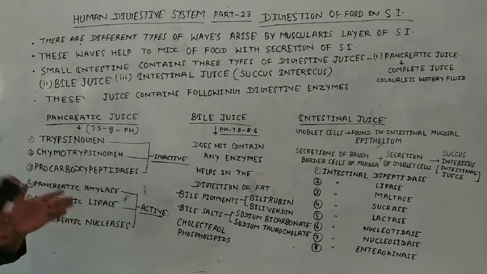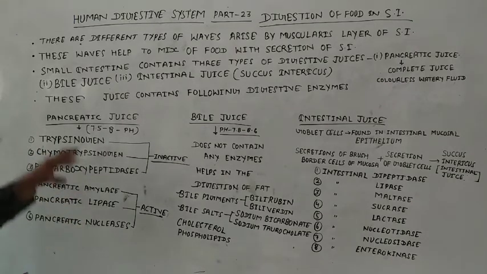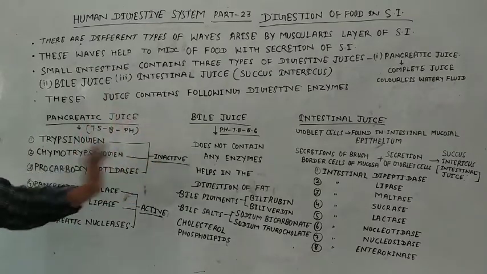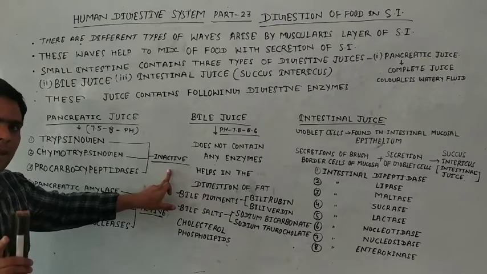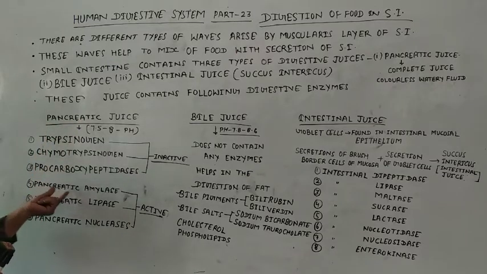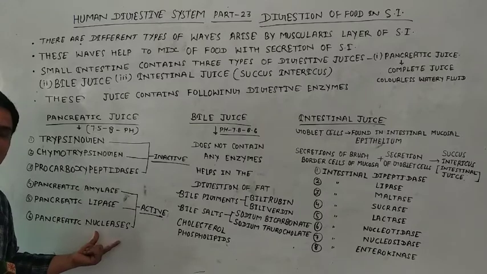And as soon as the food enters the small intestine, these enzymes get activated by certain enzymes found in the small intestine. So students, we will discuss that later. These are the enzymes which are found in inactive form. Must remember, students. One more thing: other enzymes found in pancreatic juice are pancreatic amylase, pancreatic lipase, and pancreatic nucleases.